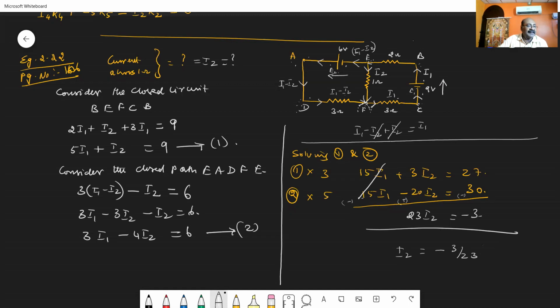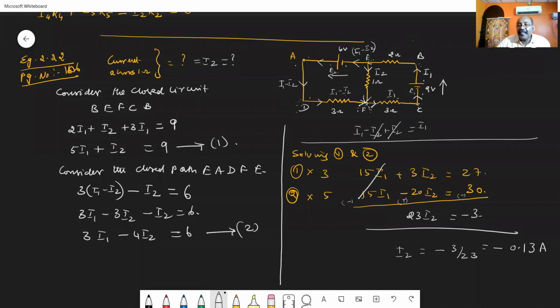Minus 3 divided by 23. Simplify this: 30 divided by 23, one time gives 23, then 70. Three times 23 is 66 for 70, so 3 times.